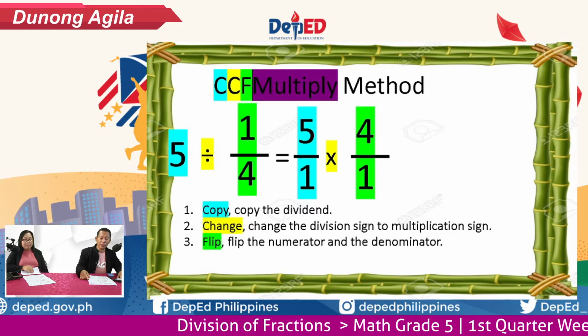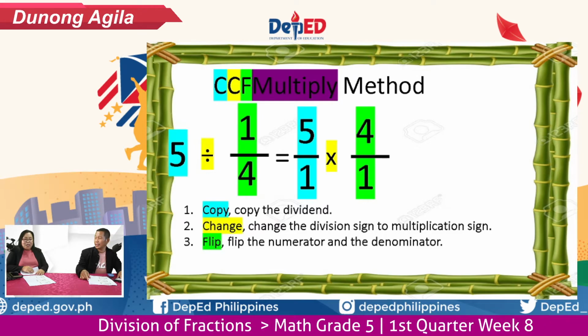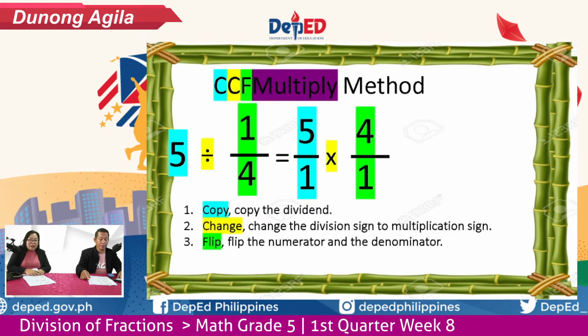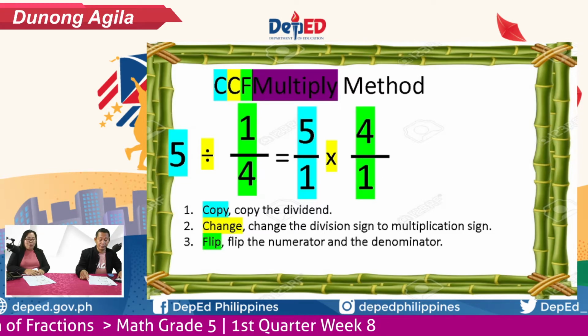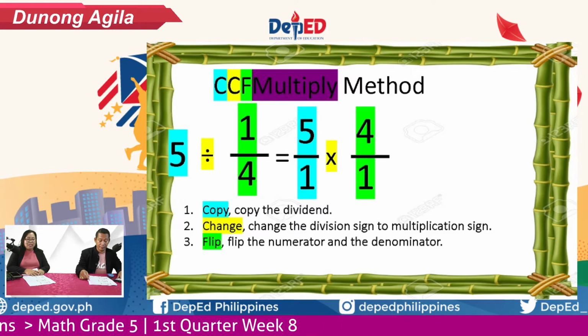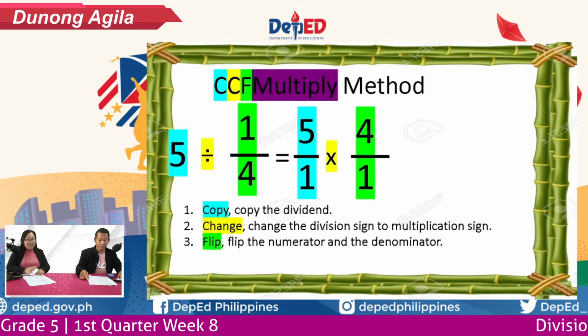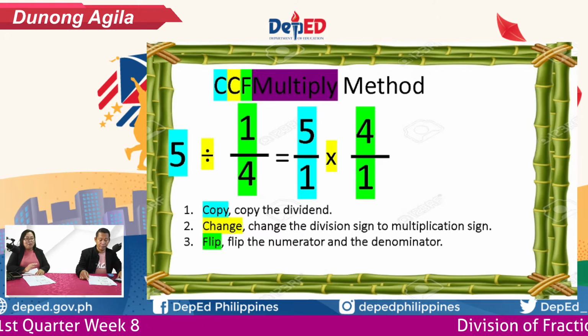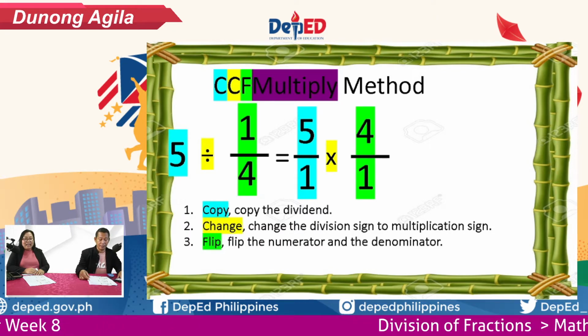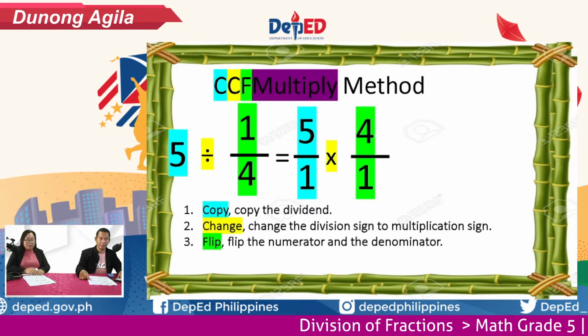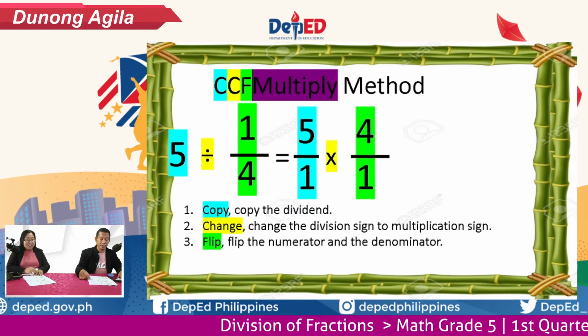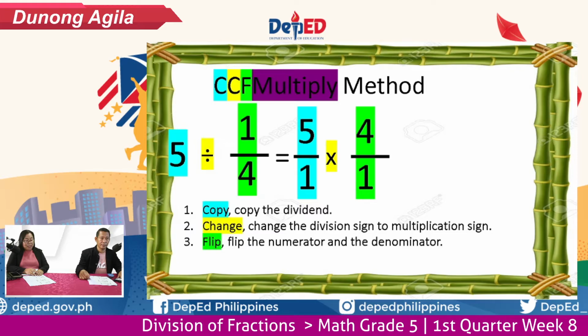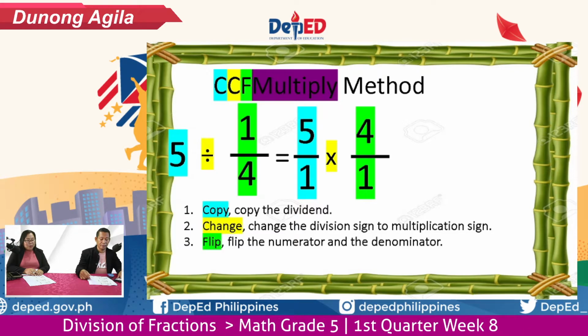After that, proceed to multiplication process. So what will be our new equation now, Ma'am Joy? Well, it will be 5/1 times 4/1, Sir Rod. So using the last step, which is multiply, it is numerator times numerator. It will give you 20.